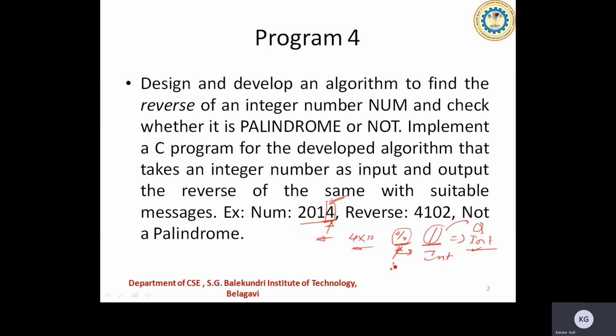So this gives me the remainder, and this gives me the quotient part. Once I take this 4, I am left with only 201, because I need only that. To get only this number, I'll go ahead with the division operation. To get the last digit, that is the units place digit, I'll go ahead with the modulus operation.